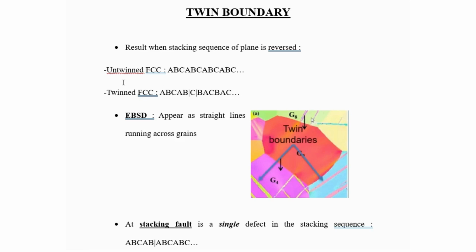And then if we twin FCC, it goes ABC, ABC. As you can see, B could be connected to A or C in this case. The next one normally would be an A, but it could be a B. So we connect it to the B and then we reverse the order, which is what you actually see up here.